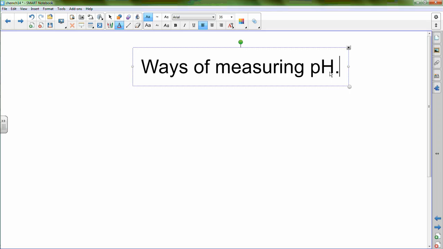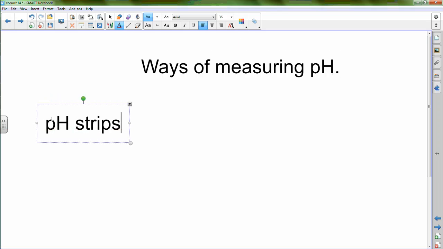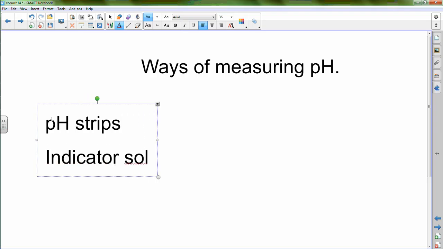So you've got pH strips, indicator solution. There are different indicator solutions that can be made for different pHs. Another thing that we'll do next week is you guys will be making pH strips out of coffee filters and red cabbage.